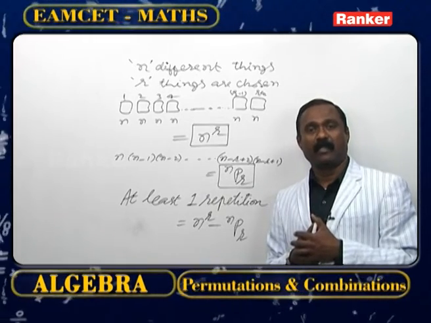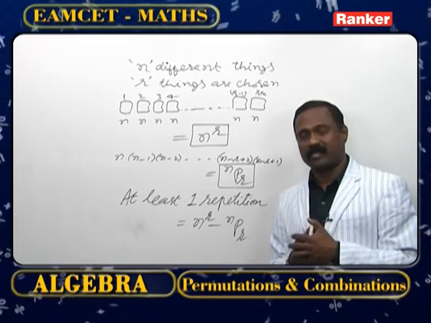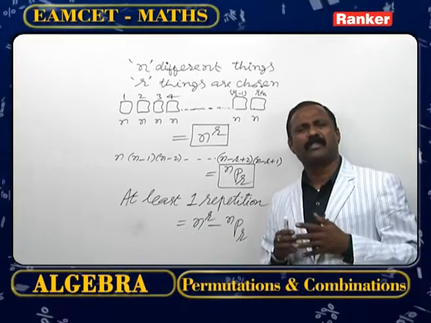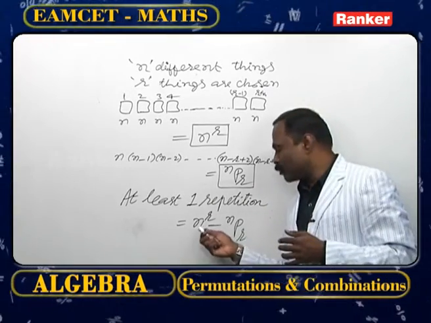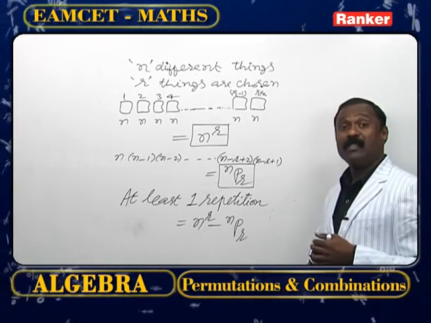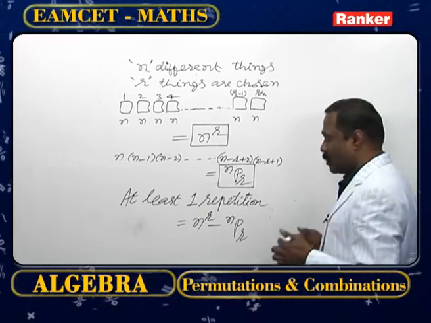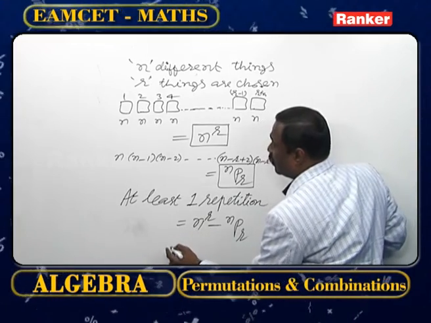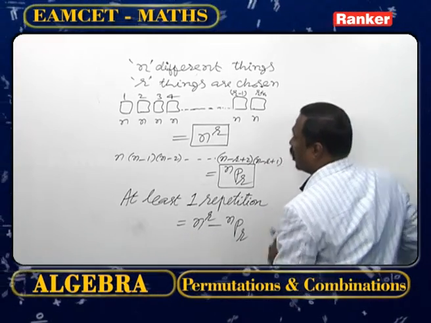That's nothing but nPr. And what is n power r? It gives you the total number of functions. So if you want to convert this formula to functions, for your better understanding, I'll place it in this way.